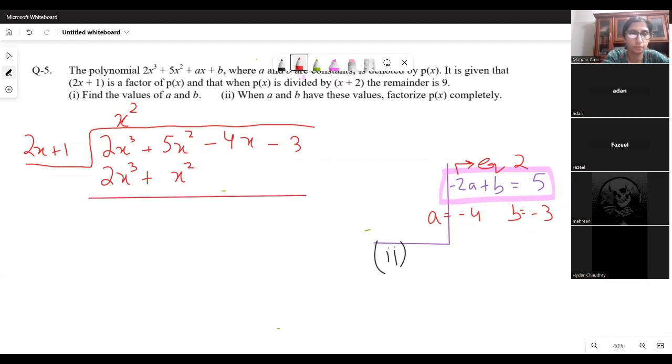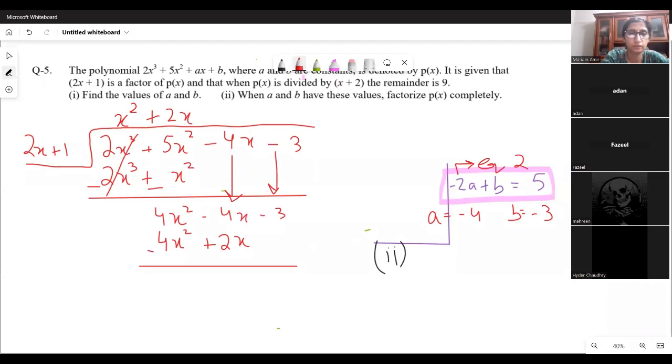Change the signs, minus minus. We get 4x square minus 4x minus 3, plus 4x, sorry, plus 2x gives us 4x square plus 2x.